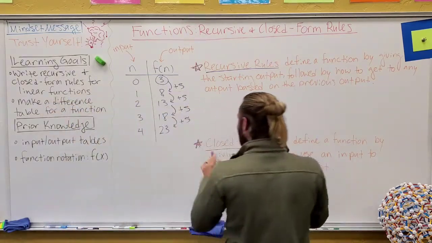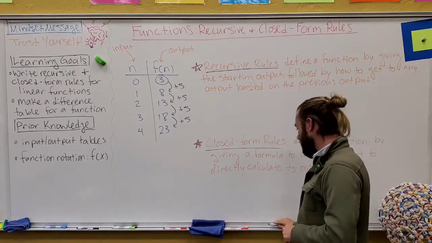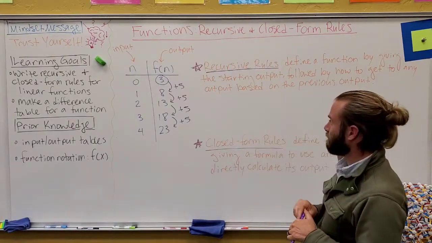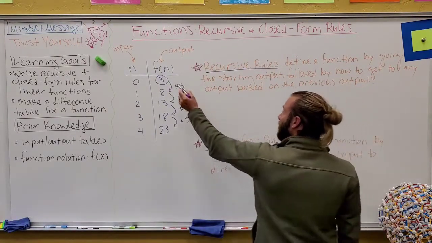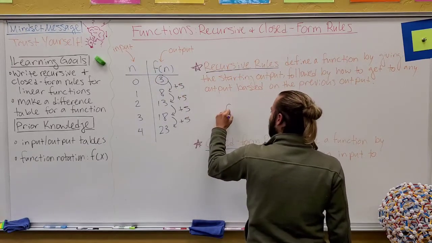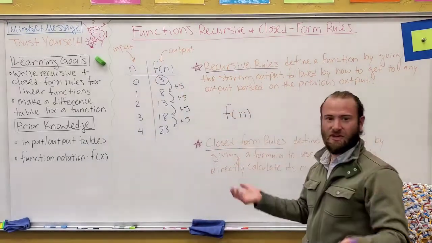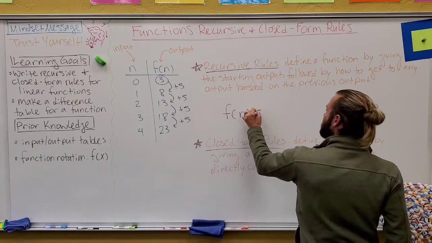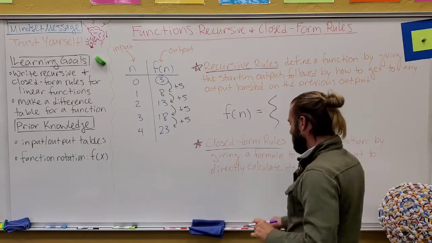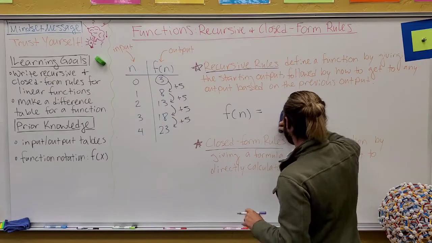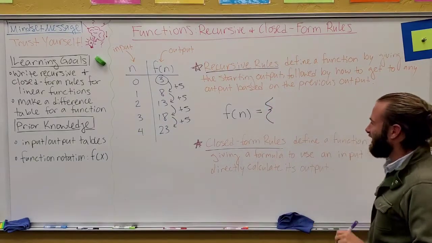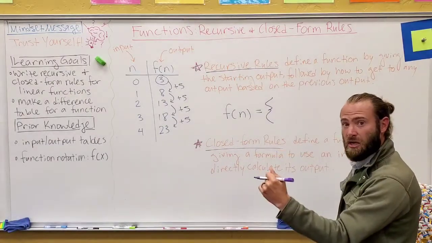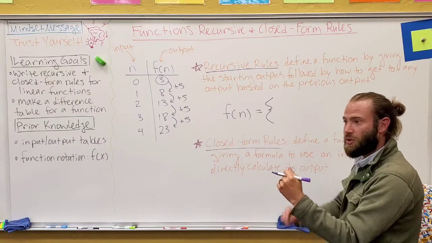So if I were to write a recursive rule for this table right here, here's what we're going to do. Now remember, f of n, or in this case n, but we could have used any variable for the input, like x is often used. A recursive rule actually uses a curly bracket to give the 2 cases. That's better. So remember we said we give the starting output. We have to start here because unless you give that starting point, you have nowhere to build off of, right?